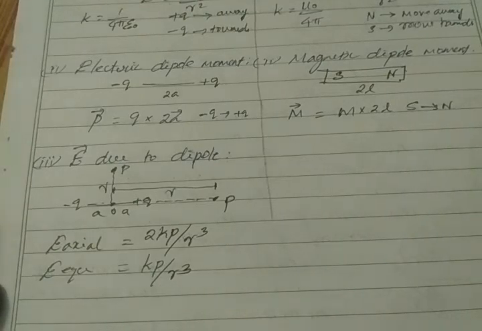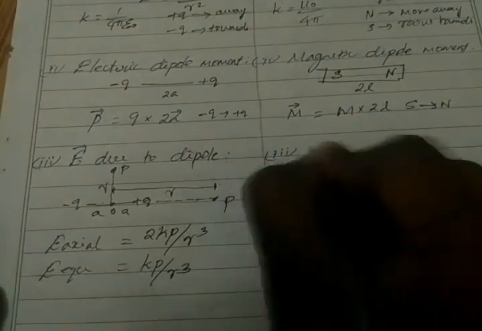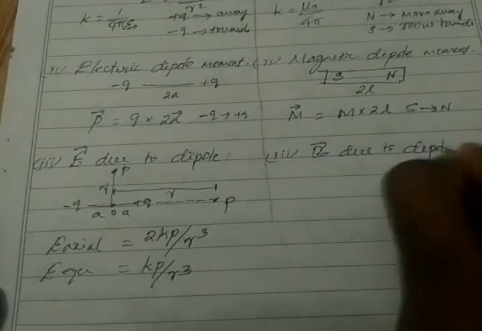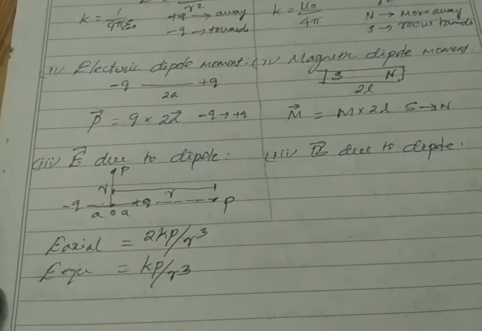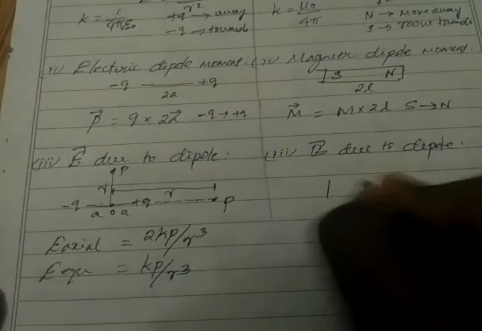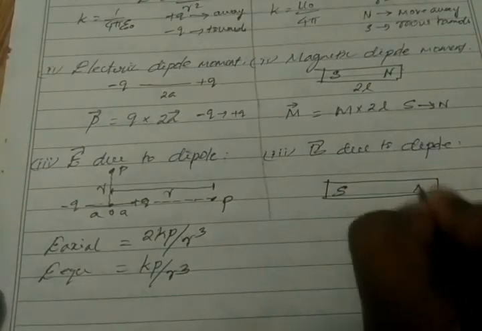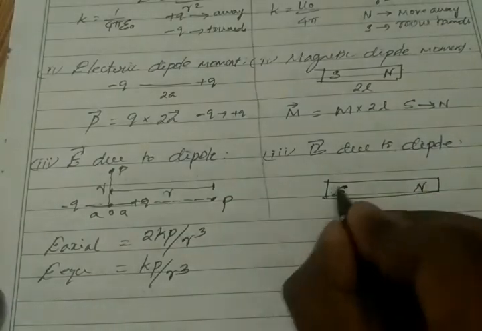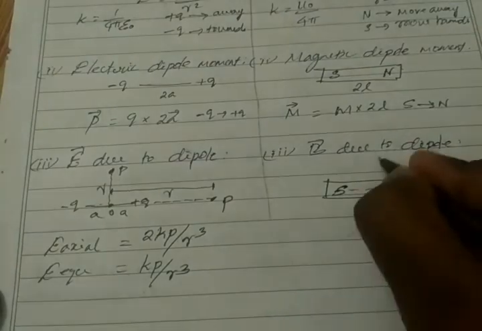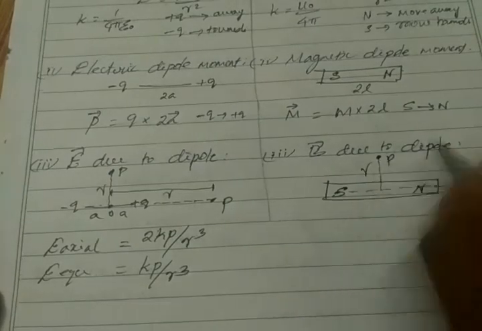Clear? So similarly, magnetic field due to dipole. Consider a magnetic dipole starting from south, ending with north. Consider a point on the axial and bisector, at a distance of r.